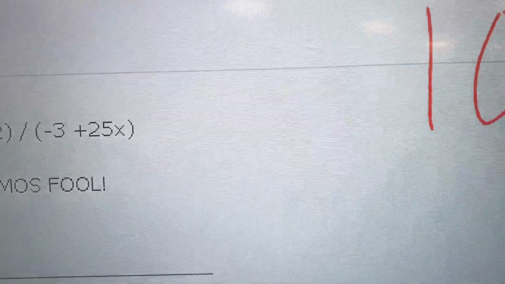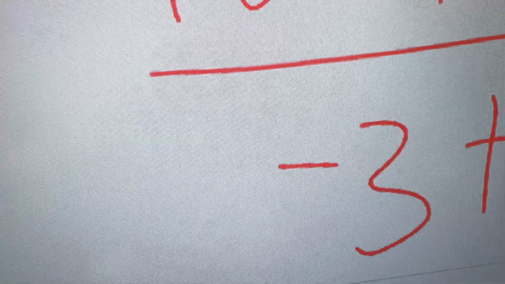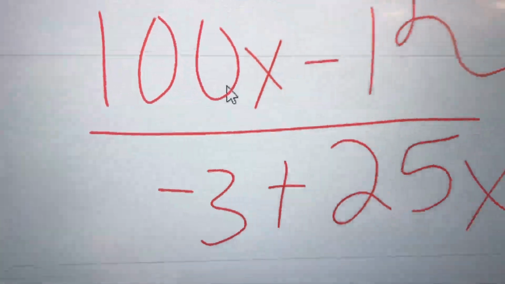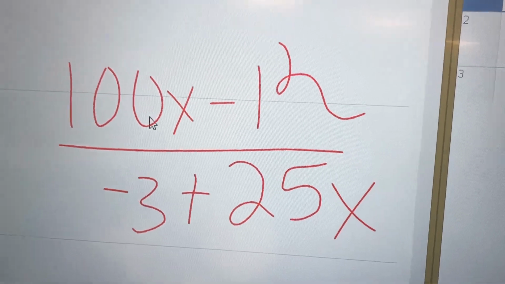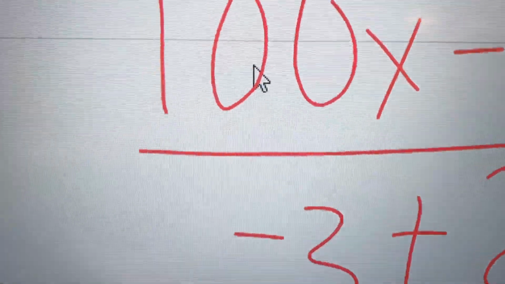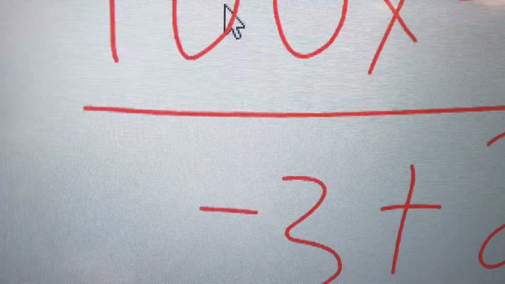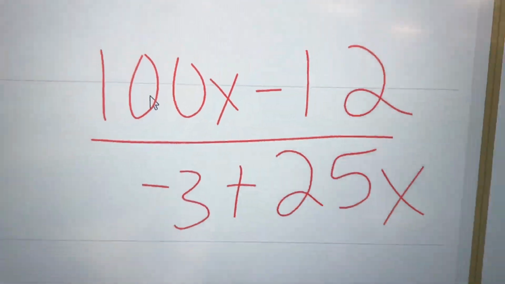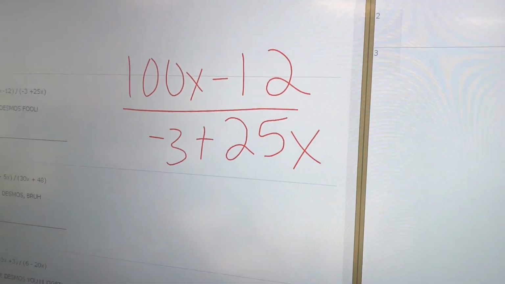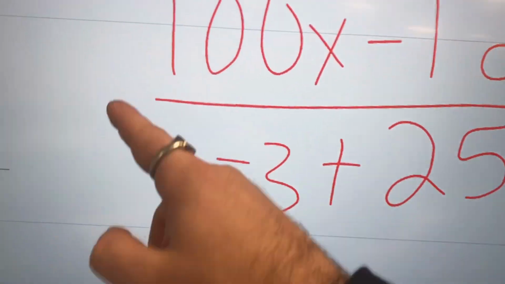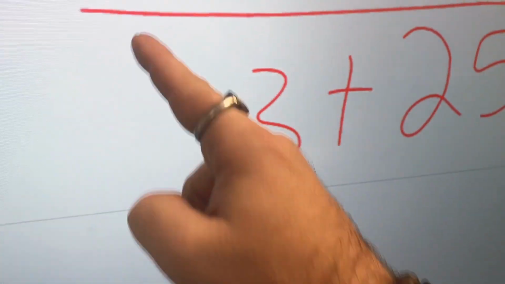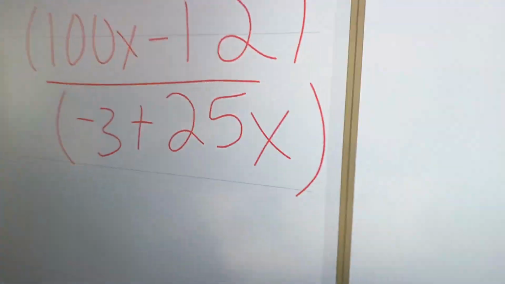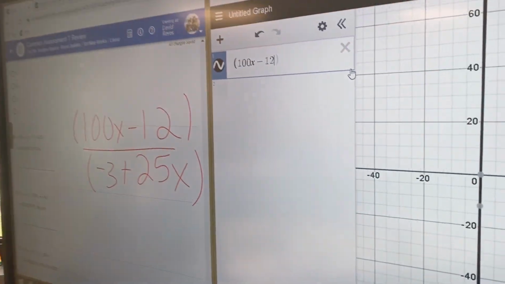Okay? So on Desmos, I'm going back to my equation. I'm going to type in exactly what it shows me. Okay? It's very important, guys, that you type it exactly how you see it. So if I see parentheses, I need to put parentheses. Okay, so I'm coming over here to Desmos. I have a parenthesis, 100x minus 12.